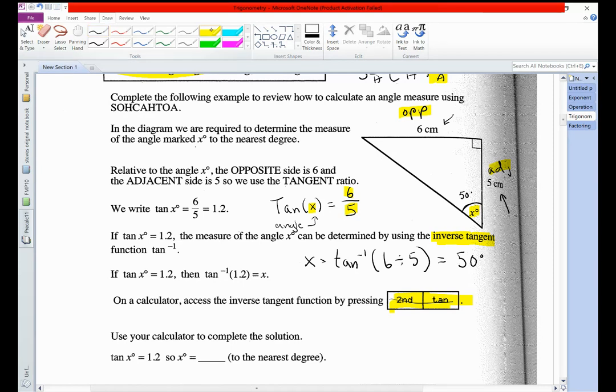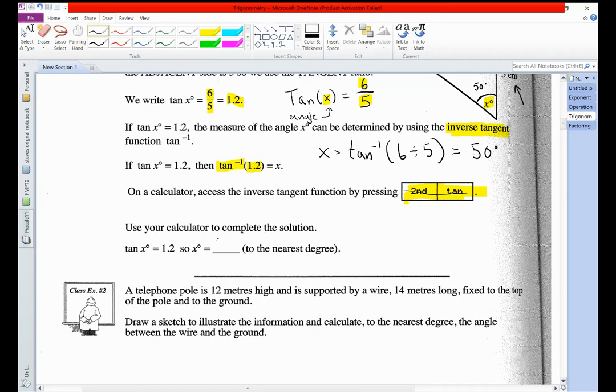The process they've done here, just on the side, is they actually found what the value of 6 over 5 is. 6 divided by 5 is equal to 1.2. And then they did their inverse tan, or second function tan, of 1.2, which is the same thing as doing inverse tan of 6 over 5. And you get 50.